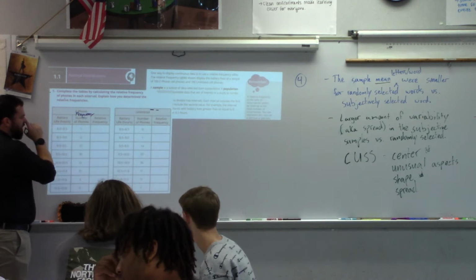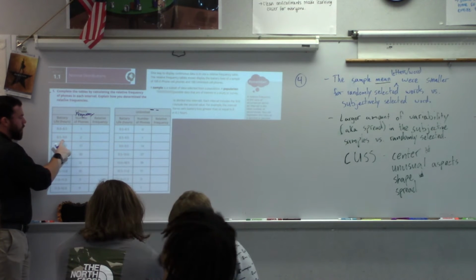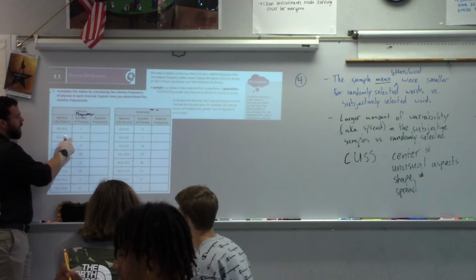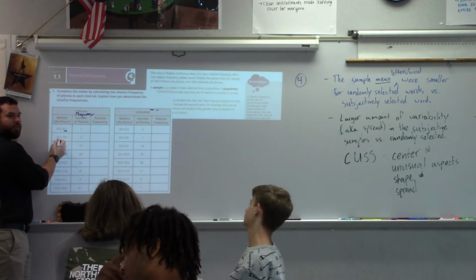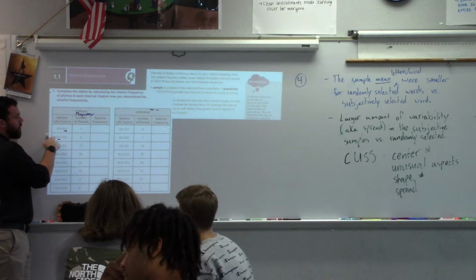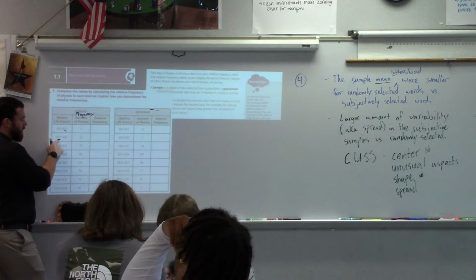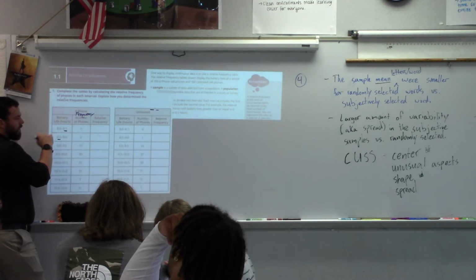The frequency, or the number of phones that had a battery life between 8.5 and just less than 9 was 2. And the reason why we don't count the second number is because the next category starts there. So you don't count the second number, that's not a part of the interval because that number is included in the next interval. So that's how that's working.